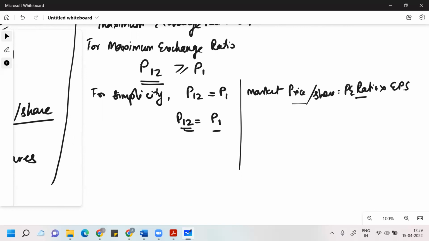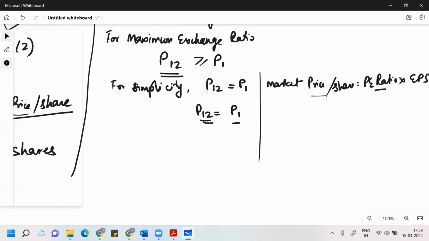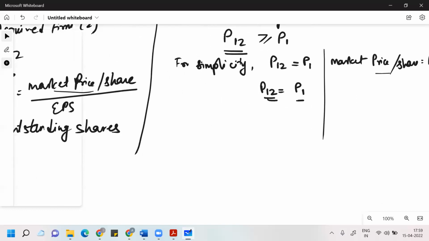So here I can write PE ratio of 1 into EPS of 1, which will be equal to P1, because price is equal to EPS into PE ratio.